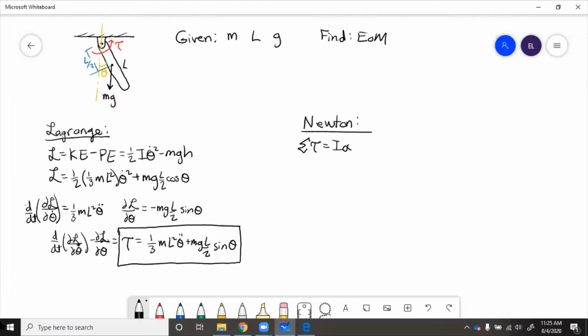So I, which is 1/3 m L squared, times alpha, which is theta double dot, equals the torques. So we'll have this external torque here.